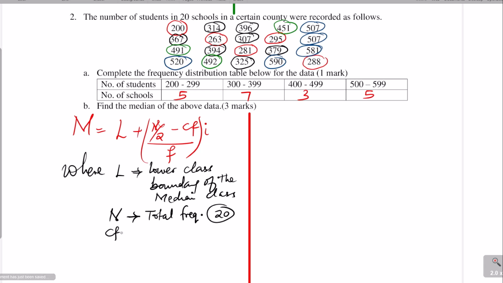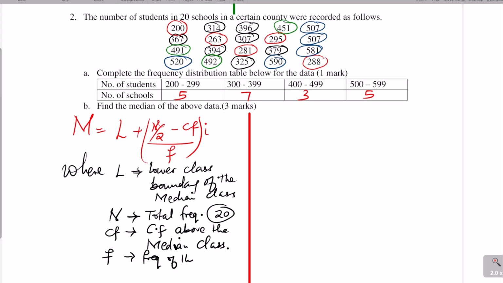CF is the cumulative frequency above the median class, F is the frequency of the median class, and I is the class size.